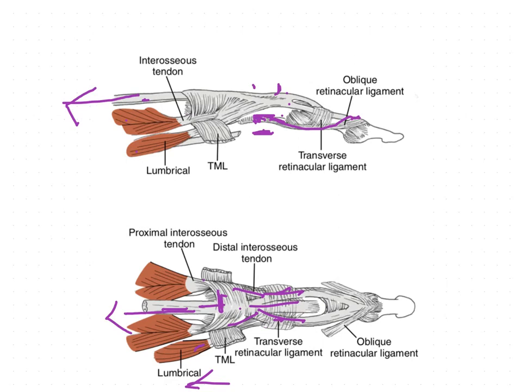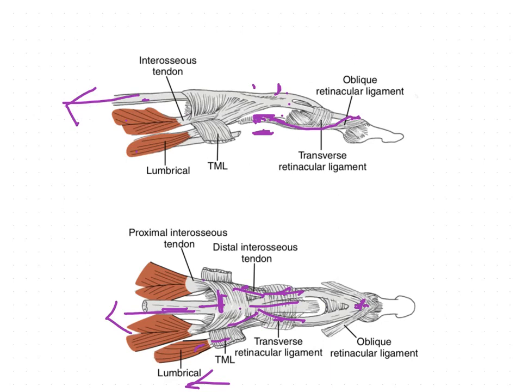These lateral bands are also attached above the distal interphalangeal joints, so the pull of these muscles that extends the proximal interphalangeal joint will simultaneously cause extension at the distal interphalangeal joints.